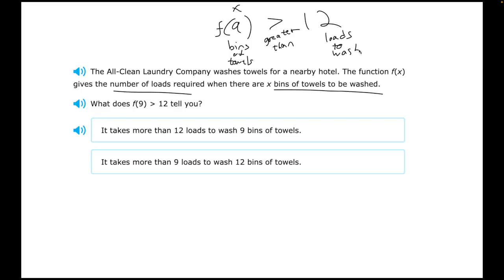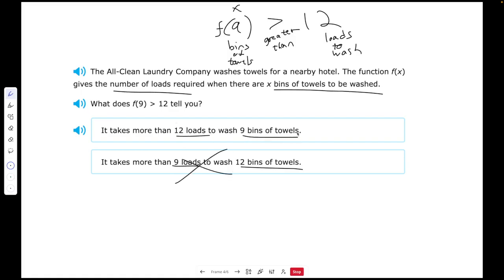Because this is backwards, right? It says 9 loads, 12 bins of towels, and those are flipped, right? The 12 represents the loads of laundry, and so this is wrong, and 9 represents the bins of towels. So this is the correct answer.